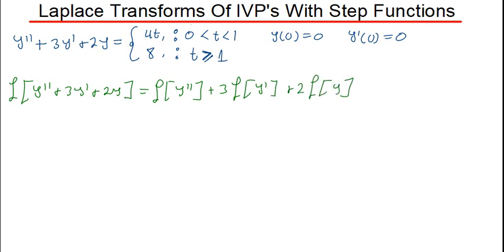What I mean by linear is the property of the Laplace transform that enables me to write it this way.